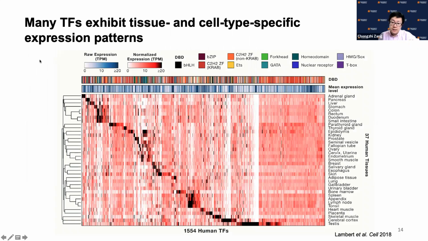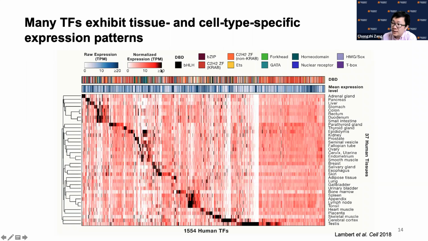Many transcription factors exhibit tissue-specific or cell type-specific expression patterns. This plot is from a recent review paper about transcription factors. They plot the gene expression level of 1,500 human transcription factors across 37 different human tissues. As we can see, for any given tissue type, only a small fraction of all the transcription factors are highly expressed.